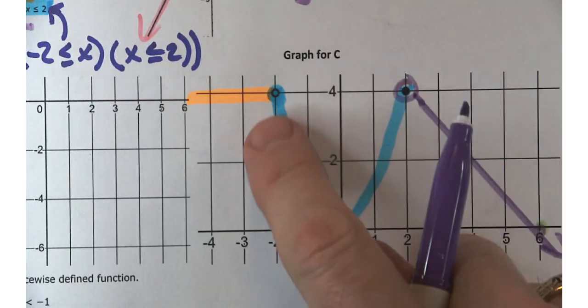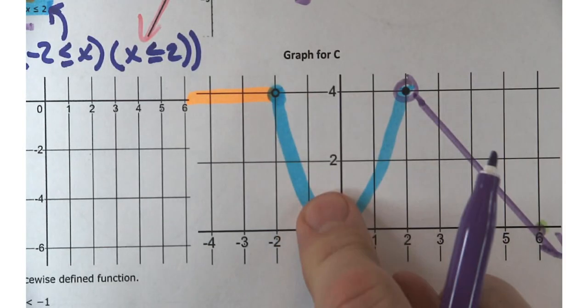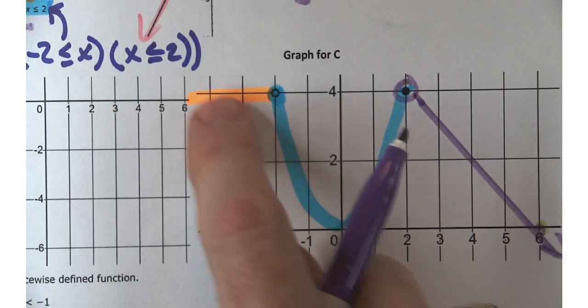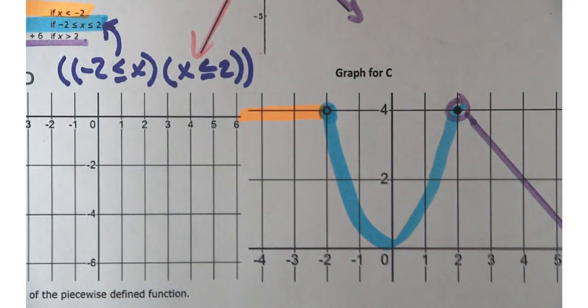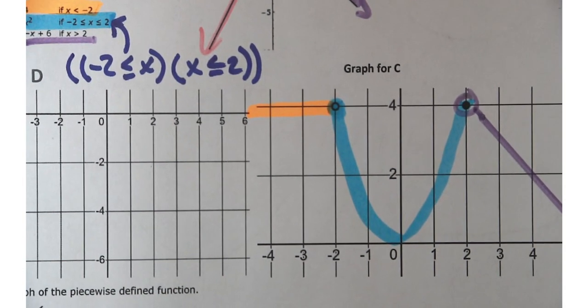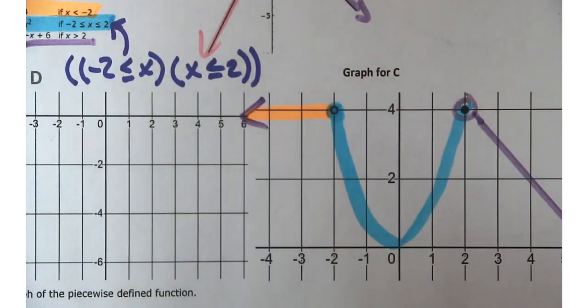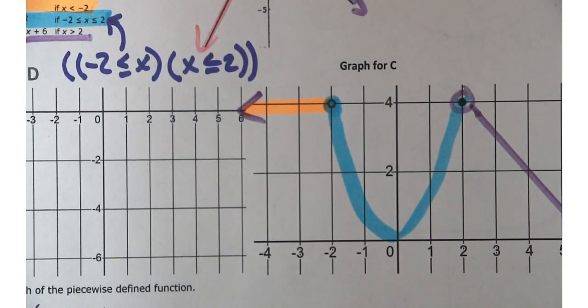This hole is filled in again with the parabola, and then you have a hole for the part where x is less than -2. Overall, here's your graph. How's that one looking? Doing okay? Are you okay with finding these piecewise graphs? All right, nice. Let's put this one to rest.